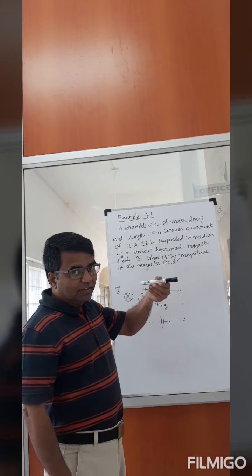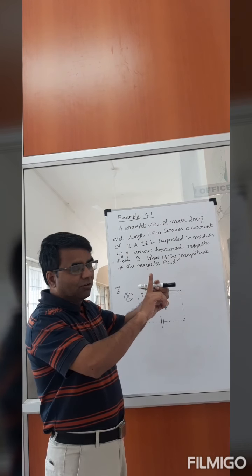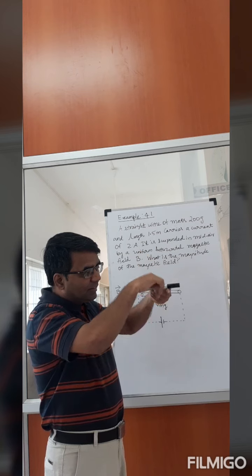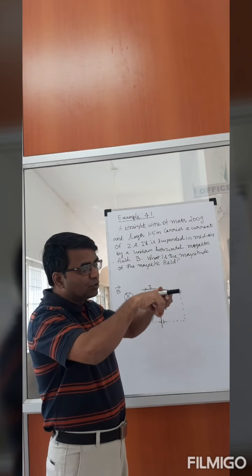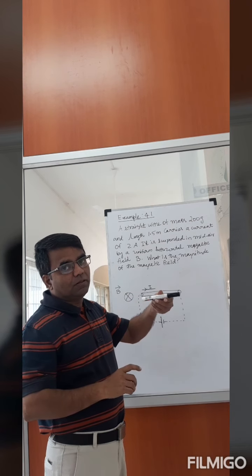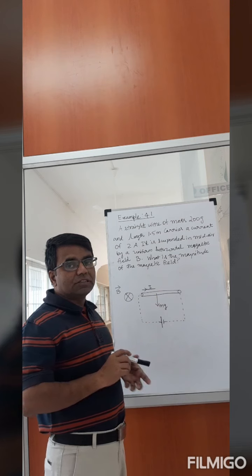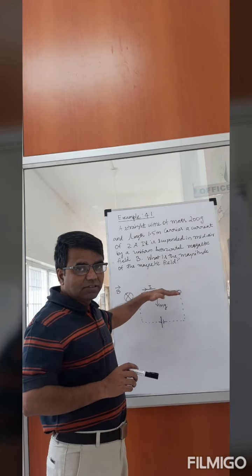If it is not falling, then there must be another force acting on it, upwards. Gravity is acting down, and this force must be acting up to balance this. Then what is that force? That force is the magnetic force acting on this conductor.